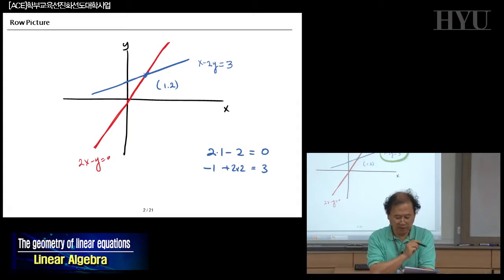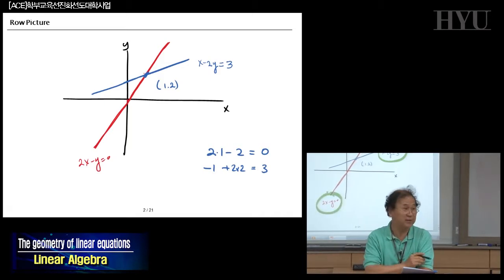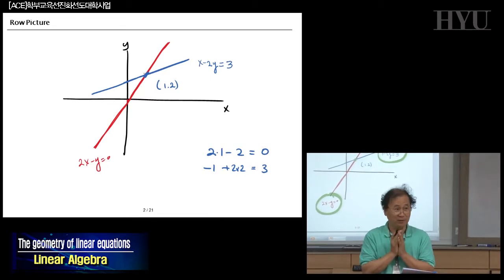The point which is the intersection of both lines satisfies both equations. It means there's a solution which satisfies both equations, right? So this is the way you can show it graphically.